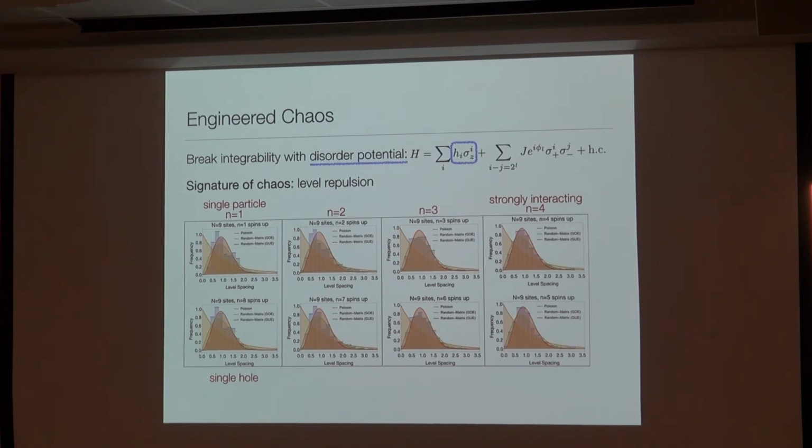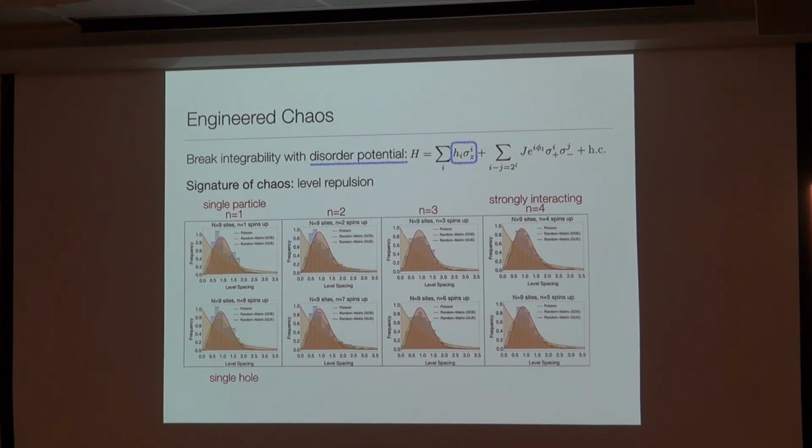And one can think about this model, and the reason I like it is that one can think about it in different regimes. So you could ask about single particle physics. That's the regime where I don't have many spin excitations. I'm just showing some results from exactly diagonalizing a small system of 9 sites. If I just have a single excitation, that's just a single particle hopping. If I have half the sites excited, then it's a strongly interacting type of model.